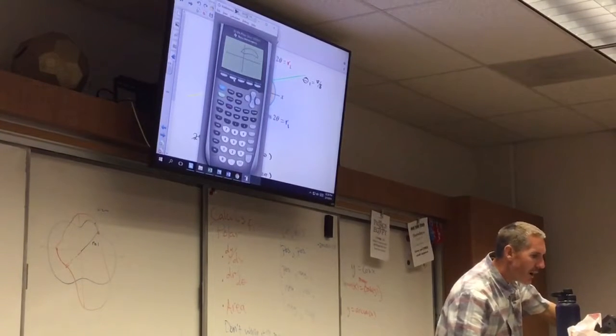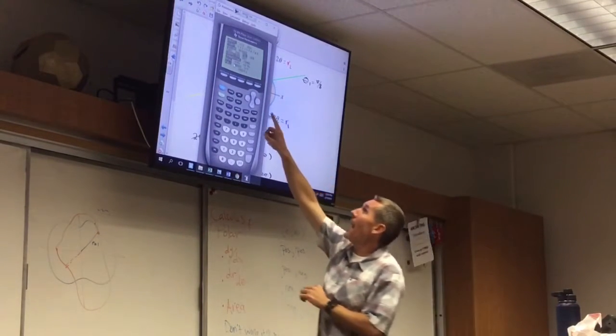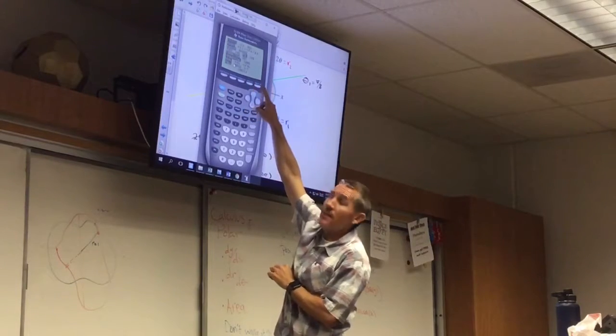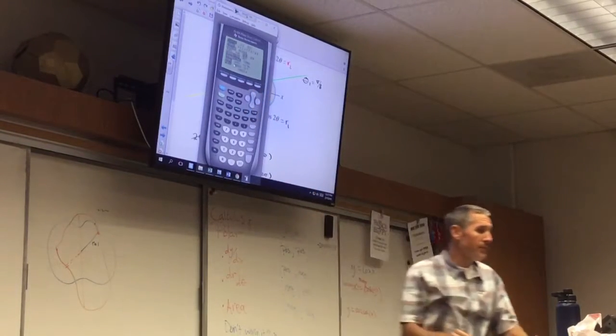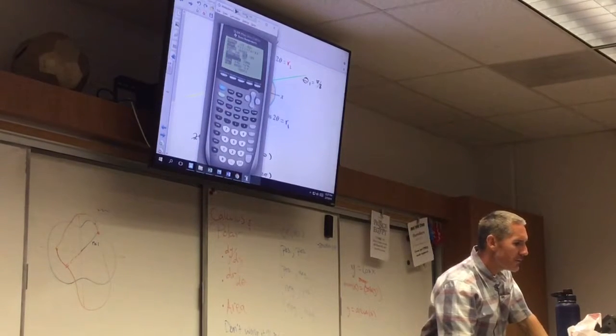So again, under mode, right now I happen to have it under sequential instead of simultaneous. So if you wanted to see them graphed at the same theta values, you would go to simultaneous.